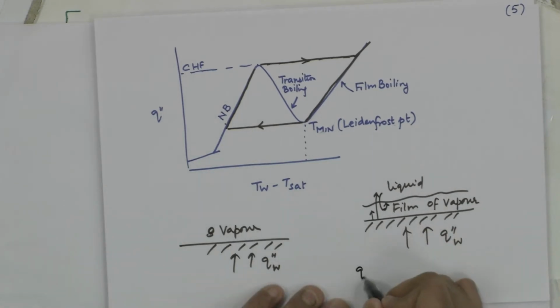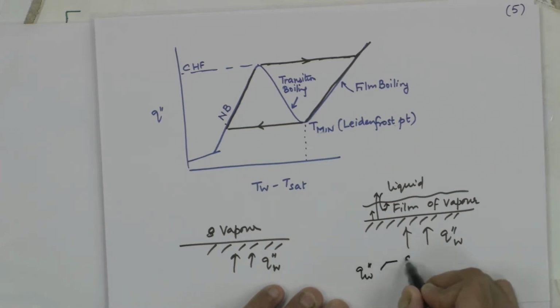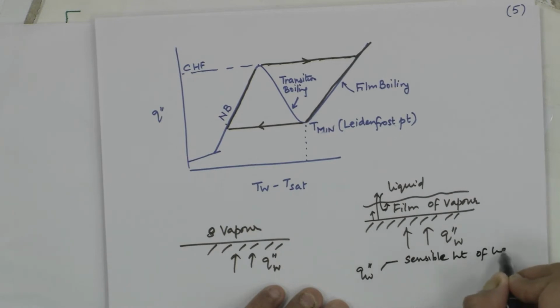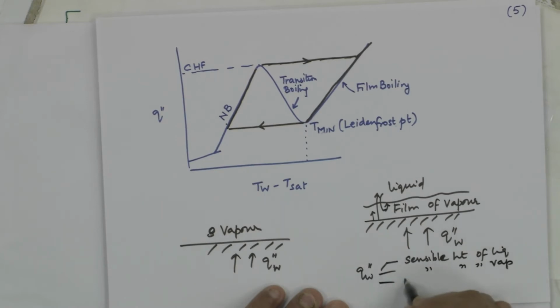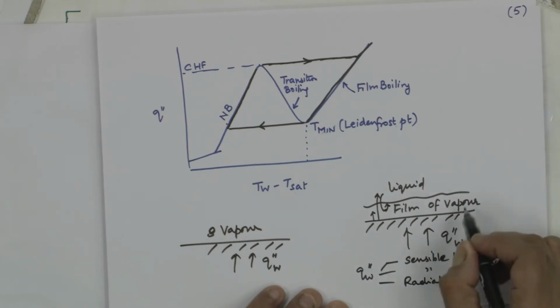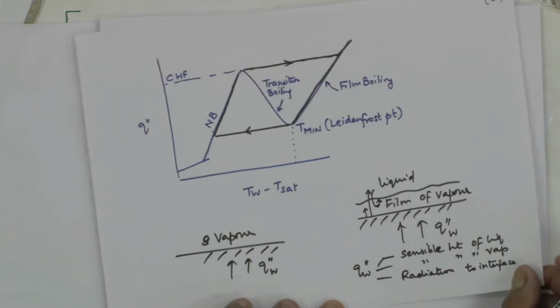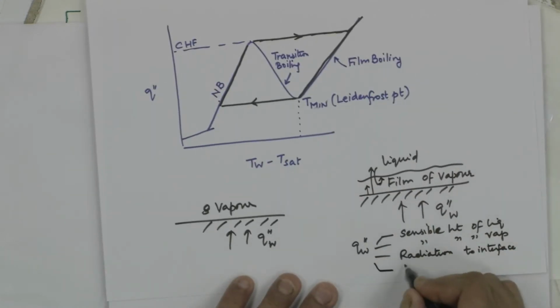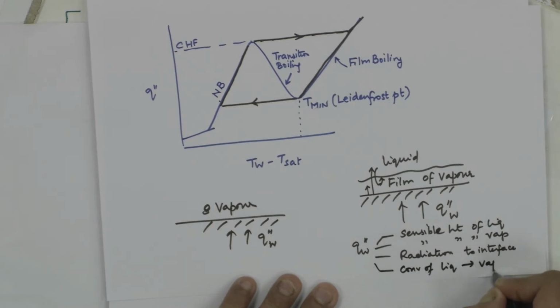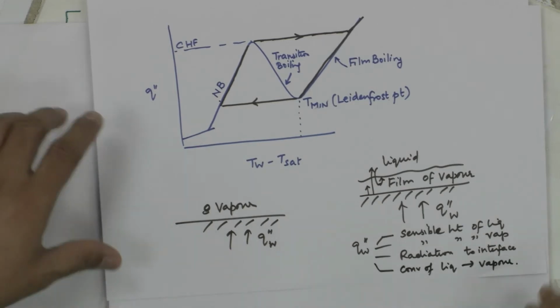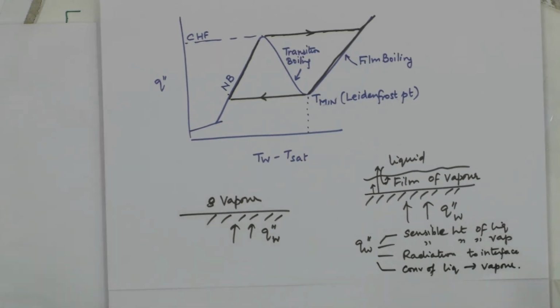So, budgeting of this Q double prime into sensible heating of liquid, sensible heating of vapor, radiation to interface. This can be treated as heat transfer between two parallel cylinders. Then you have conversion of liquid to vapor.